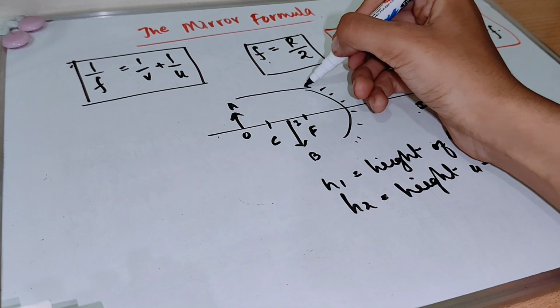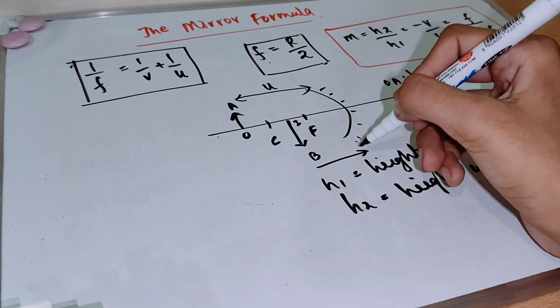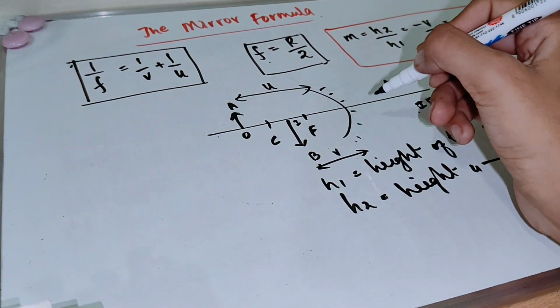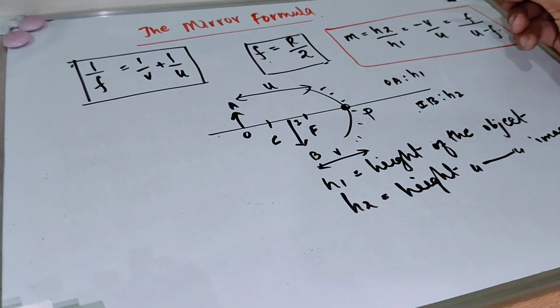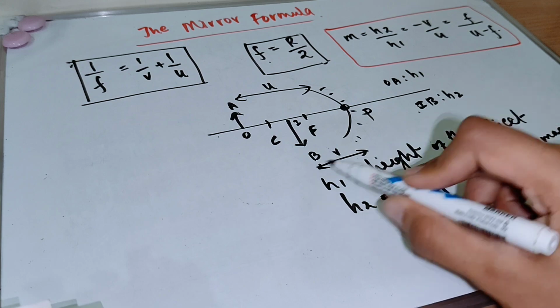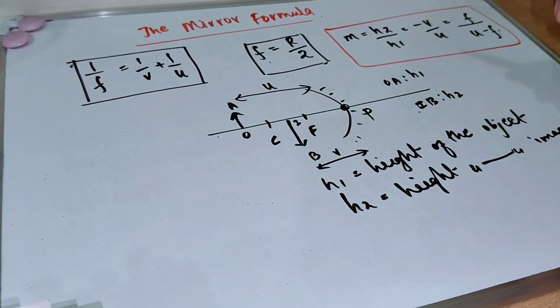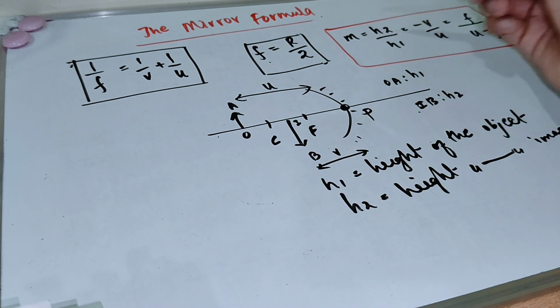Now this distance is the object distance and this distance is the image distance which I am measuring from the pole. So the negative of the ratio of the distance of the image to the distance of the object is also magnification. This is a very fundamental ratio.